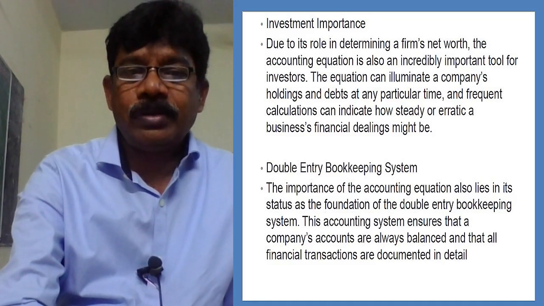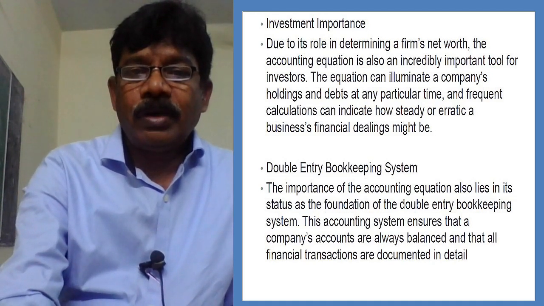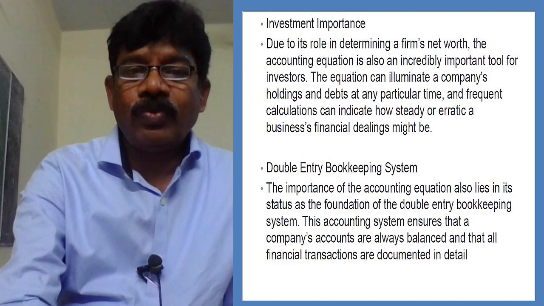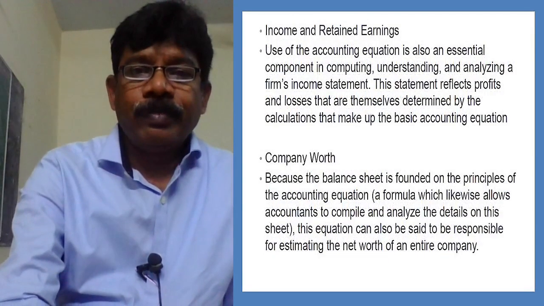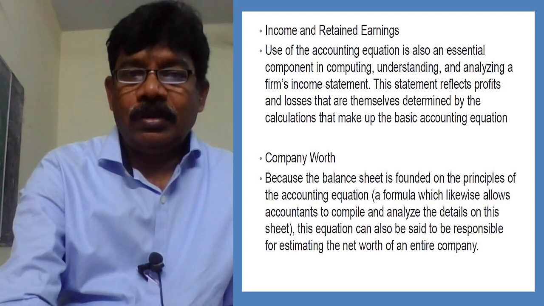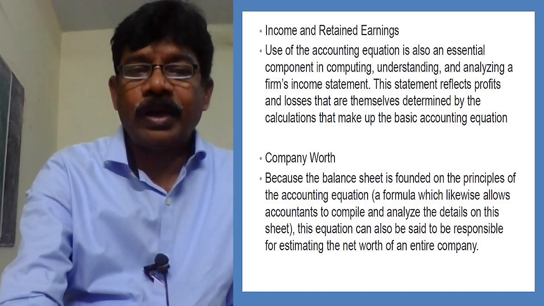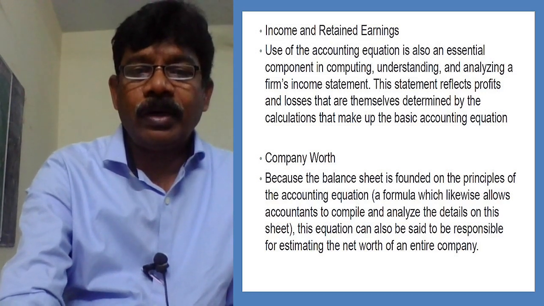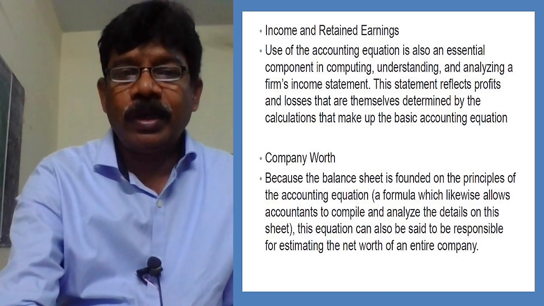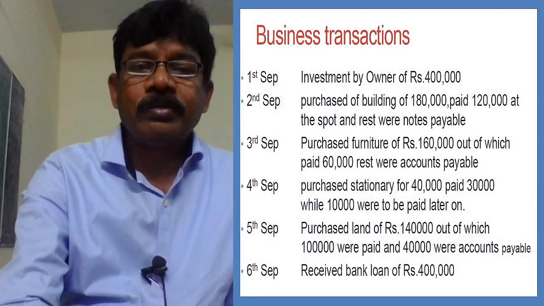Investors will always check whether their investment is in the form of assets or not, and whether the excess income from sales is in the form of cash or in the form of debtors. The net worth formula is assets minus liabilities equals net worth.